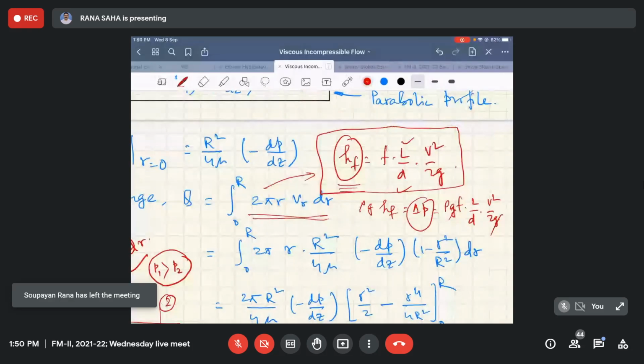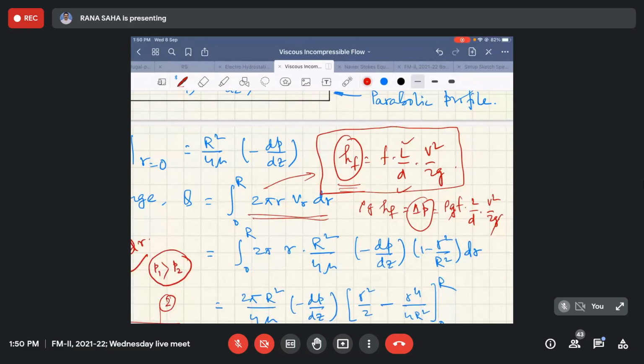So here, if we go through this loss term, the frictional loss HF, and use Darcy's equation, we can write this head loss in terms of pressure drop, because HF is in terms of length, that is in terms of head.